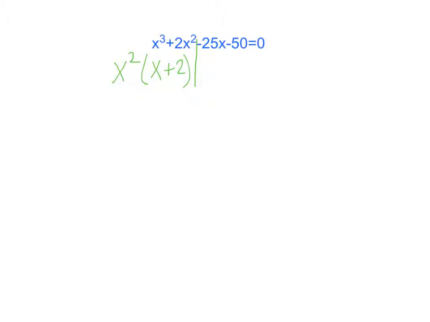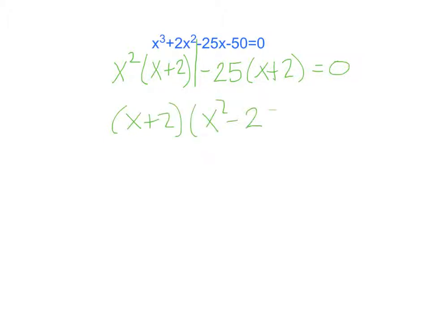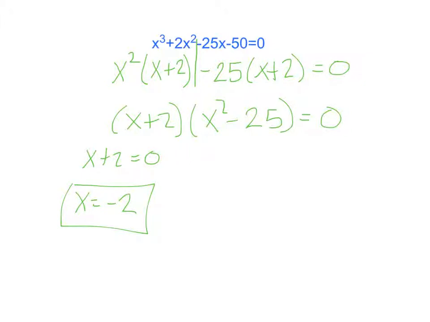We take out our GCF here, which is minus 25, and I get x plus 2, and it equals 0. So I have my x plus 2, and I have my x squared minus 25. I'm going to set each one of those equal to 0. So x plus 2 equals 0 gives me x equals negative 2, and I get one answer.